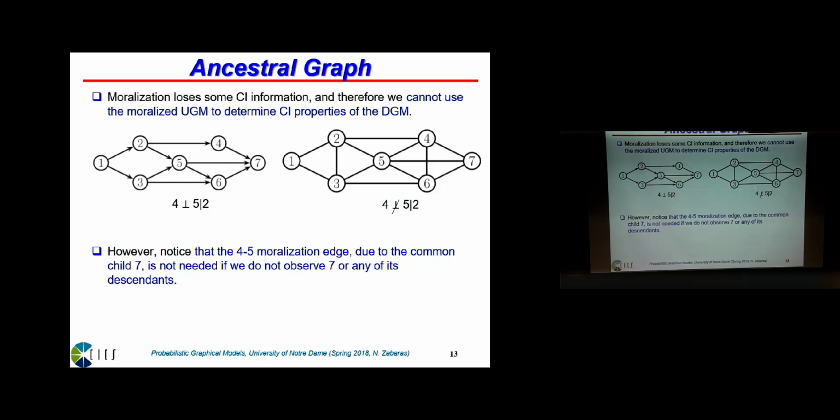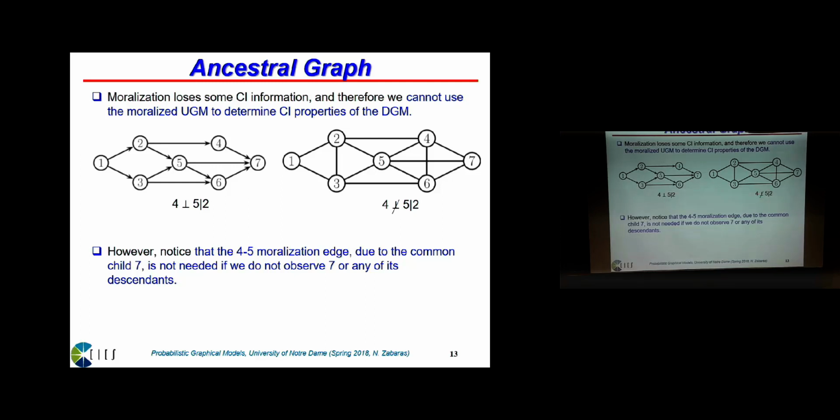And the answer is yes. So let's look at this example in a little bit more detail. It says, given 2, 4 and 5 are not independent. Now, what is in this diagram that makes this relation destroyed? Can you tell me what link in that undirected graph is responsible for violating this independence relation?